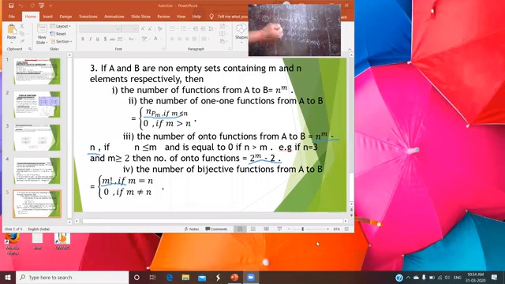Here you have N, 1, 2, 3, 4 up to infinity, and here also 1, 2, 3, 4. So 1 is related to 1, 2 is related to 4, 3 is related to 9, and so on.